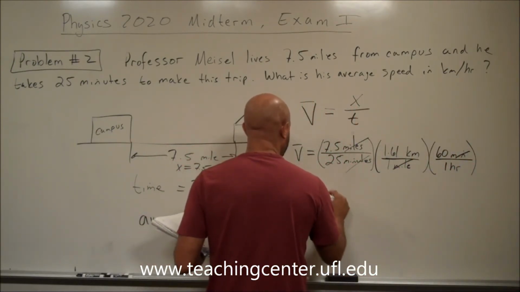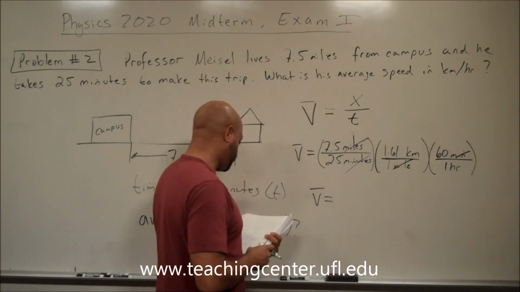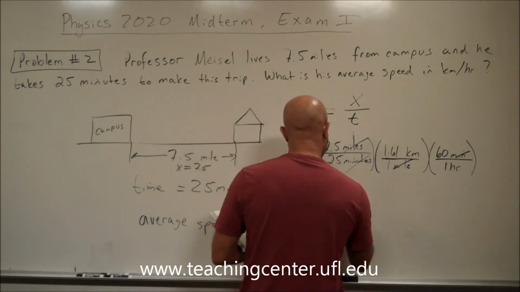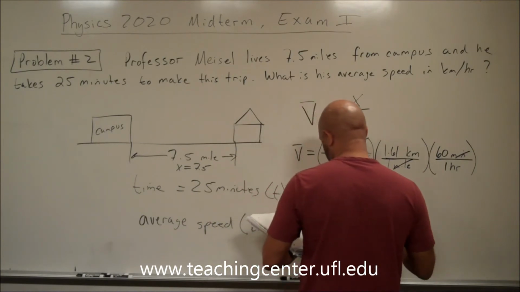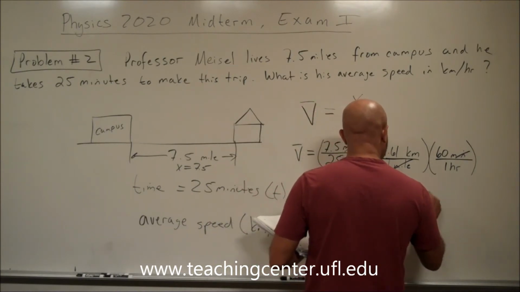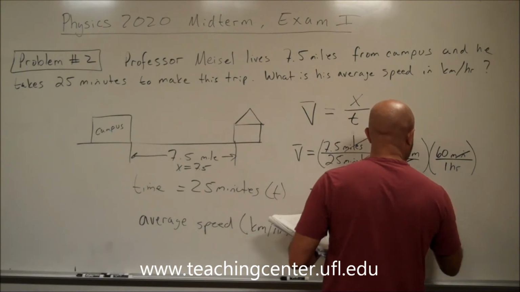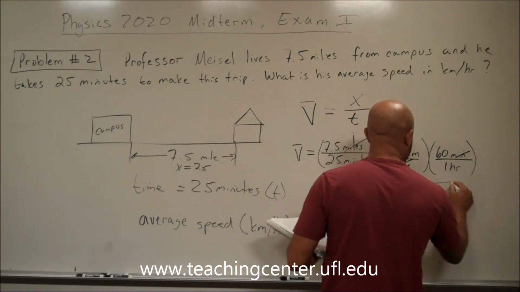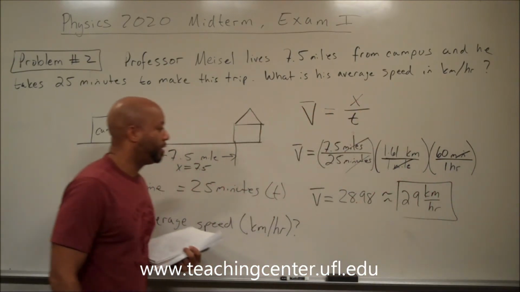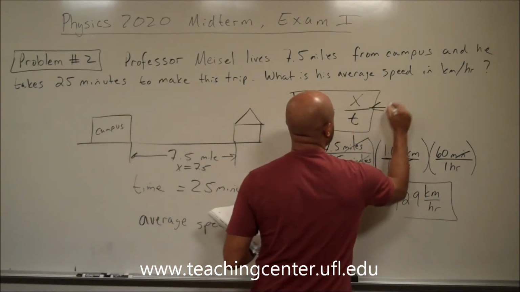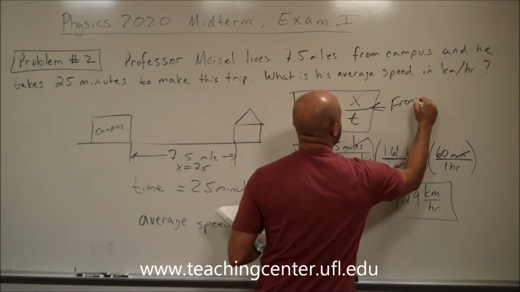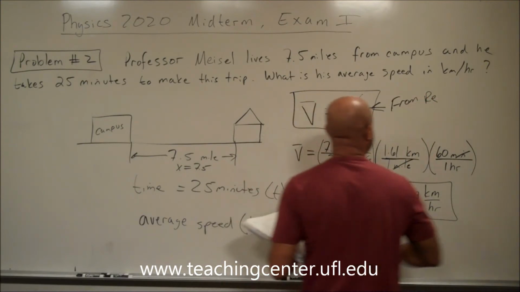And when we do our calculation, we find that we get 28.98, which is approximately 29 kilometers per hour. Okay, so this is the equation we pulled from the review sheet, from the formula sheet.